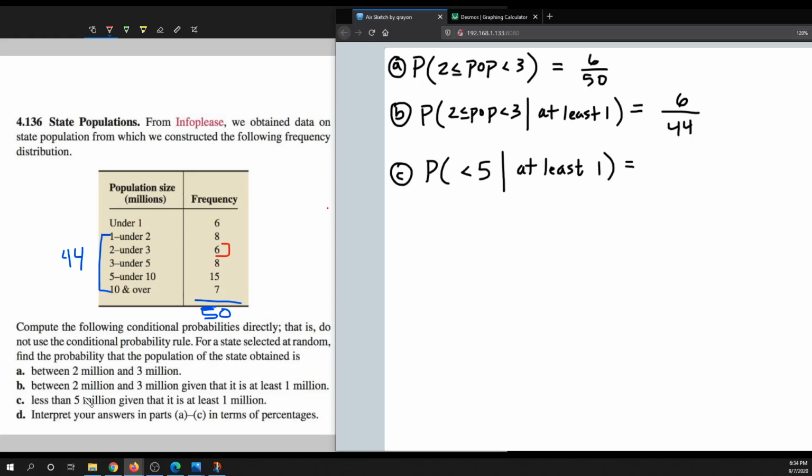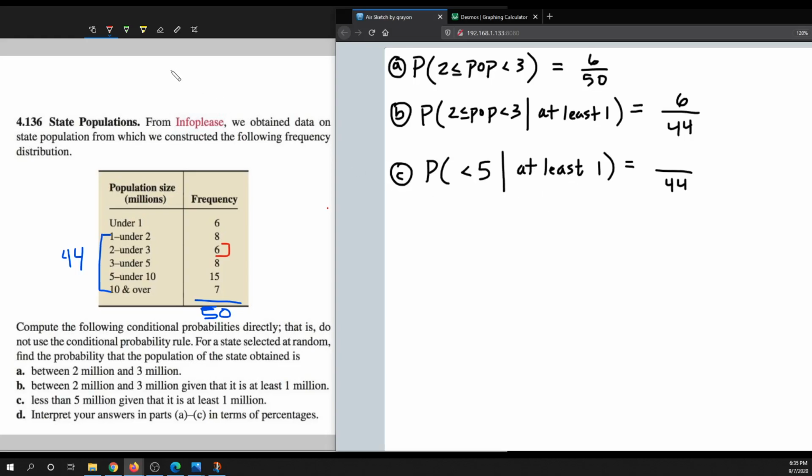All right, so again, this is a conditional probability. And so the set of all states that have a population of at least 1 million now becomes our sample space, right? And from part B, we already added those up, and we know that there are 44 states that have a population of at least 1 million, okay?